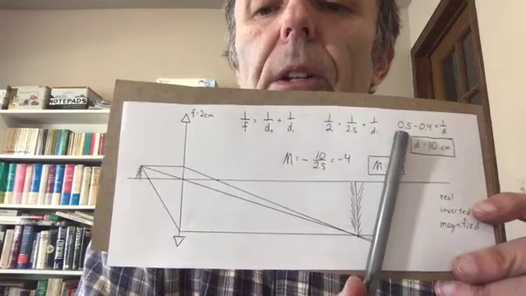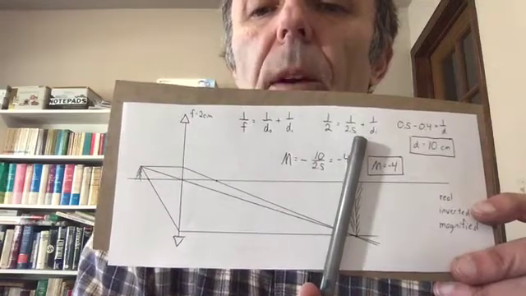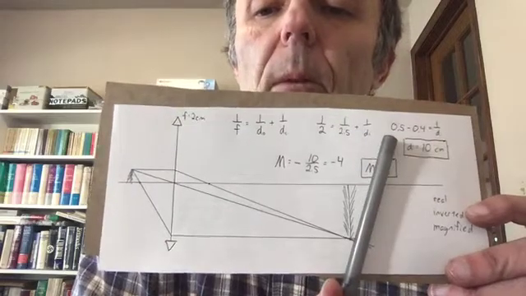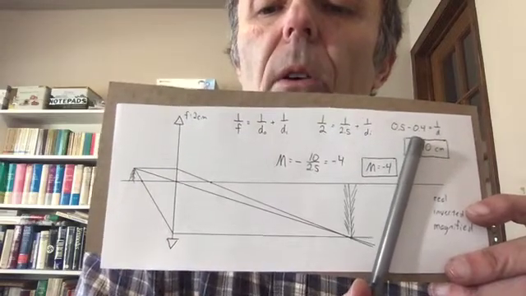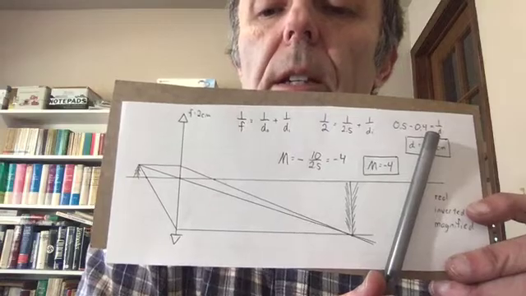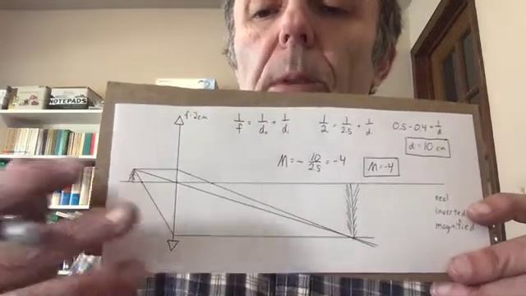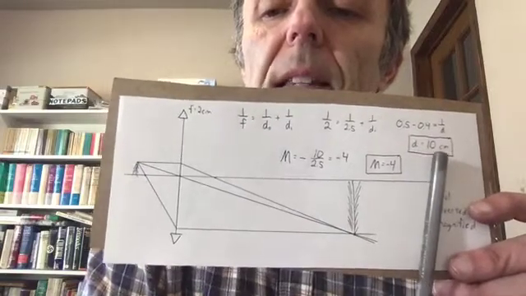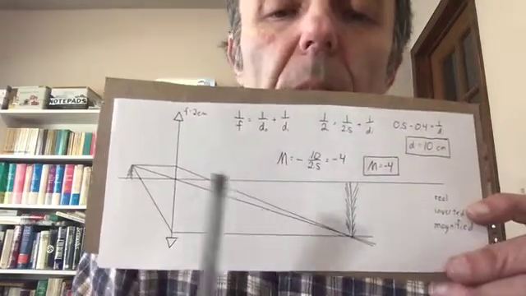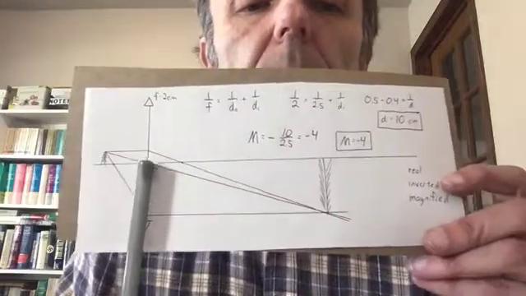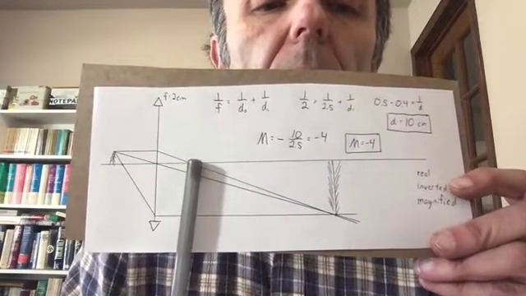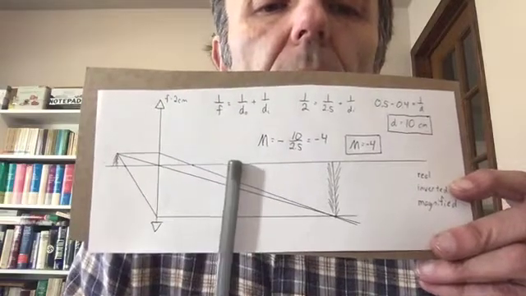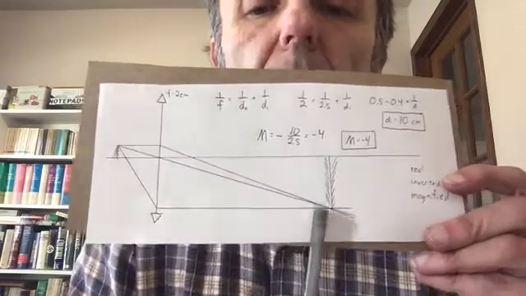Okay, 1/2 is 0.5. 1 over 2.5 is 0.4, and we bring it to the other side of the equation. We get 1/2 minus 0.4 equals 1 over the image distance. Well, 0.5 minus 0.4 is 0.1, and we take the reciprocal, and we get 10 centimeters. And that looks about right, because the focal length is from here to this dot here, the focal point. If that's 2, then 2, 4, 6, 8, 10. This looks like about 10.